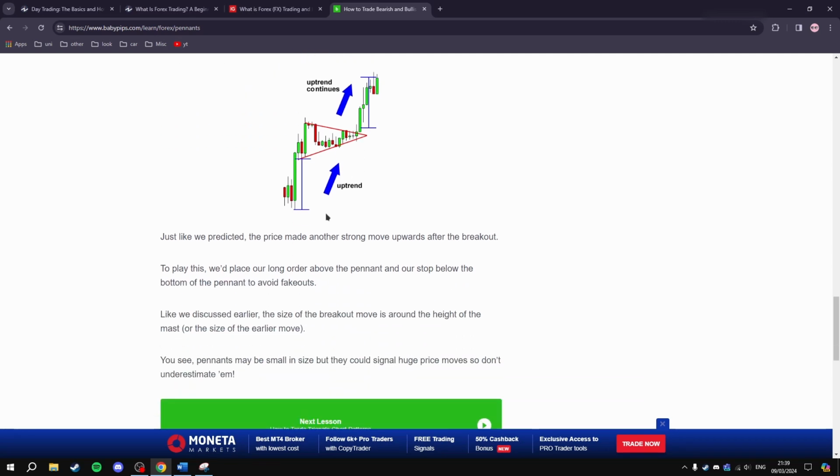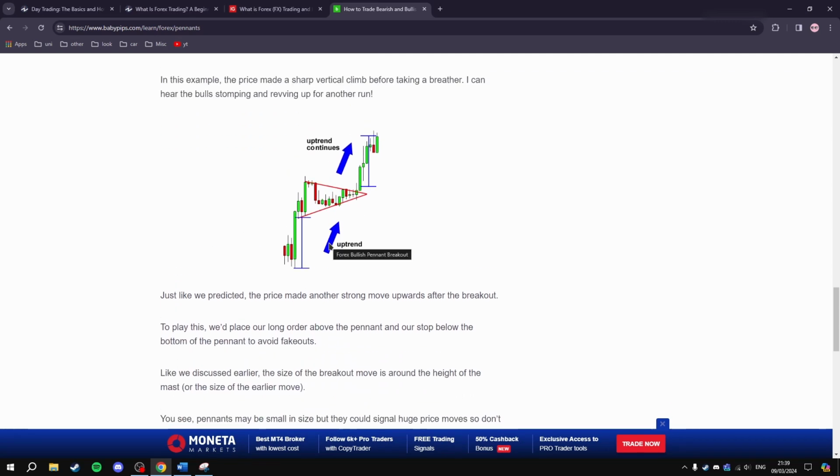Just like we predicted, the price made another strong move upwards after the breakout. To play this, we will place our long order above the pennant and our stop order below the bottom of the pennant to avoid fakeouts.